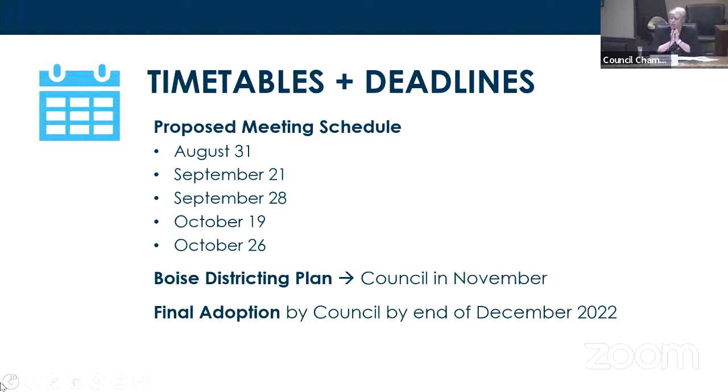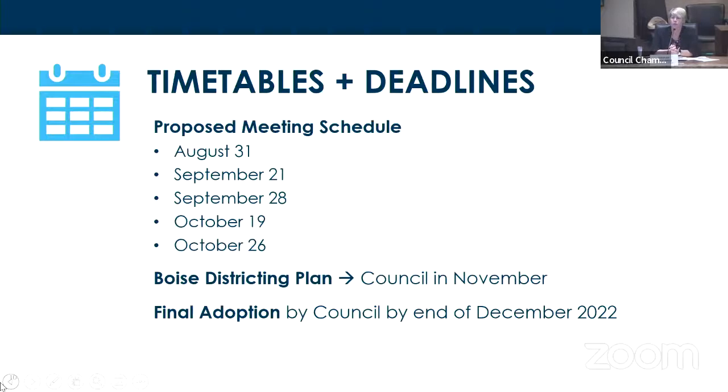And then at that 21st and 28th meeting, that's when you'll begin to do work yourselves, developing maps. You're welcome to ask staff to bring drafts to you. Any other presentations or information you'd like before you start considering map drafts, we're happy to bring those to you on those meetings. And then on September 29th, we plan to turn on the mapping software for the public.